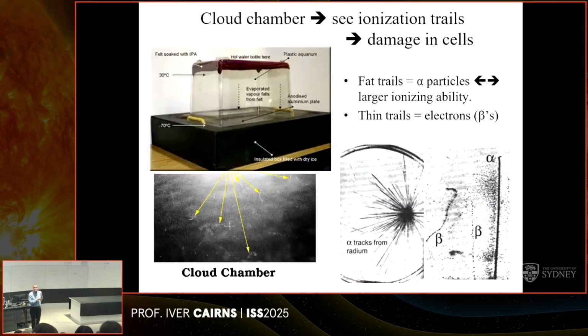Alphas, of course, are just helium nuclei. Then you also get electrons, which tend to have non-straight trails. The reason is just because they have low mass, so if there's a collision, they get moved rather than the atom being moved. So that's one way of visualizing the trails associated with radiation.